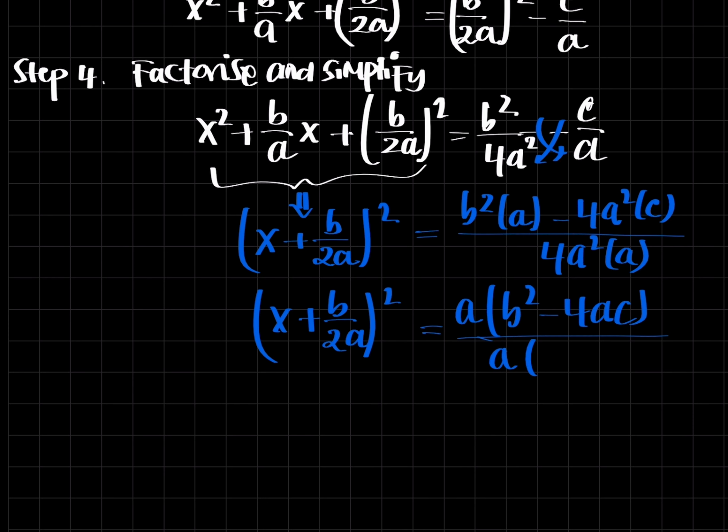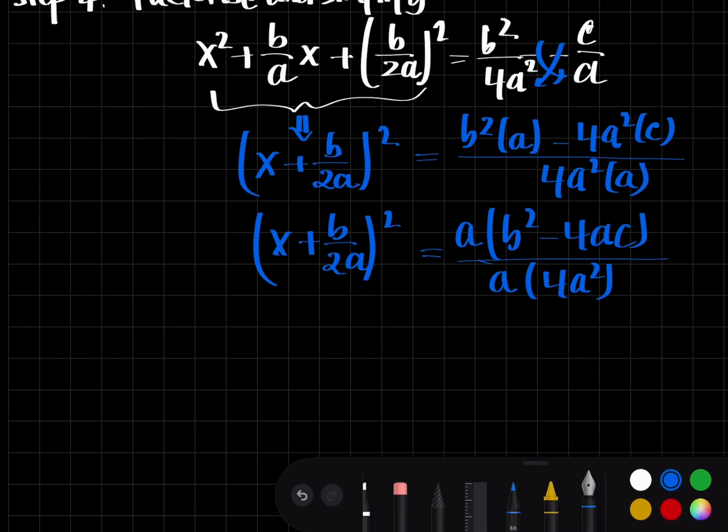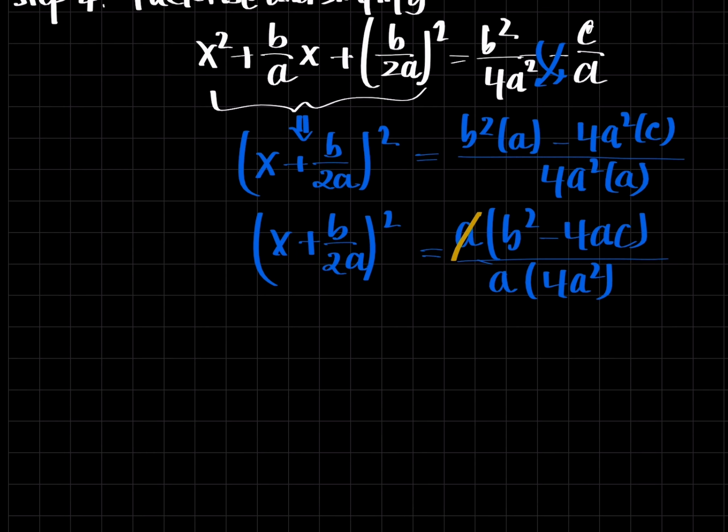Now you can see that we can simplify a, so I can cancel this a with that a. Now x plus b over 2a, squared, goes to b squared minus 4ac over 4a squared.